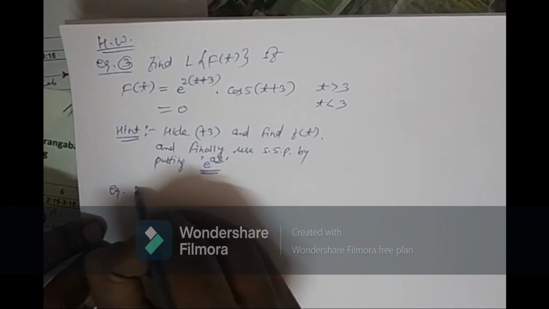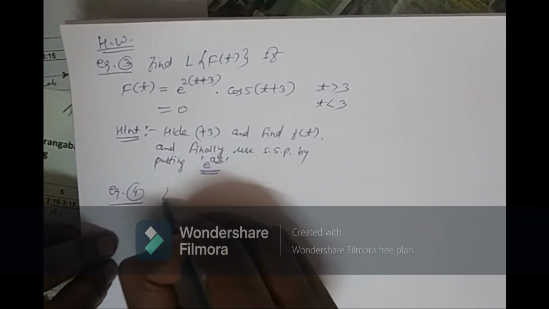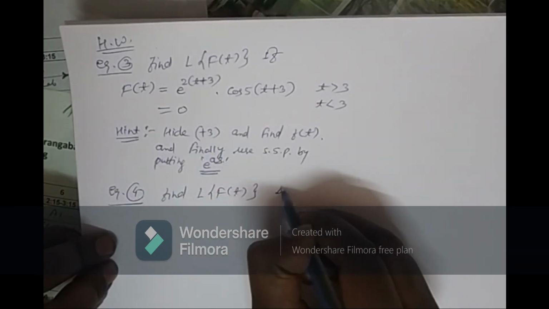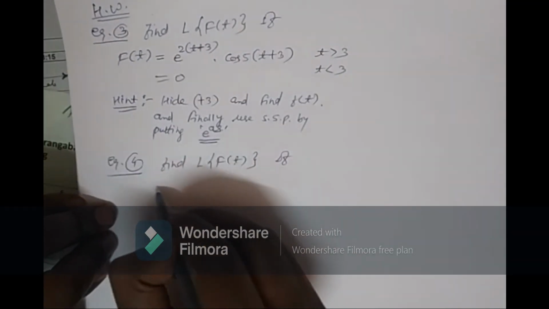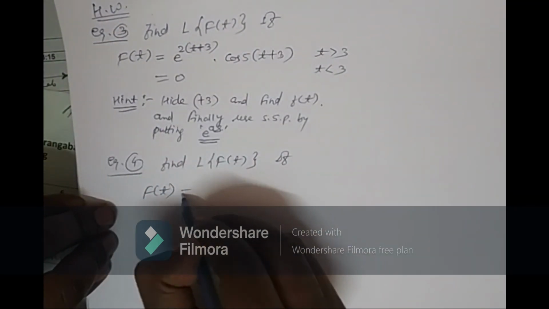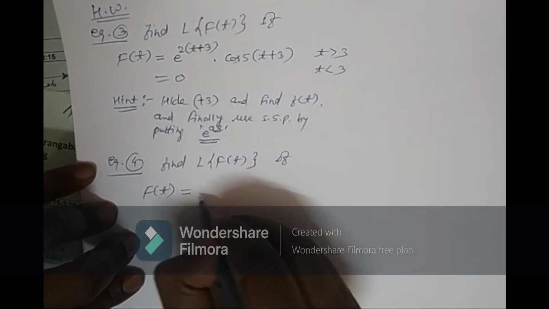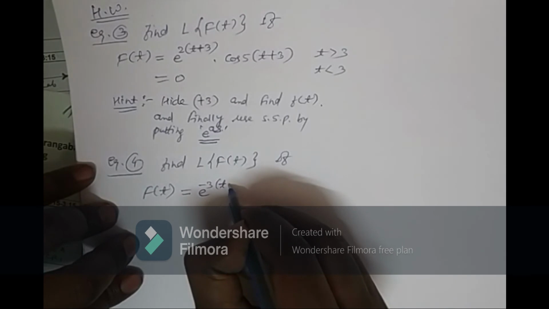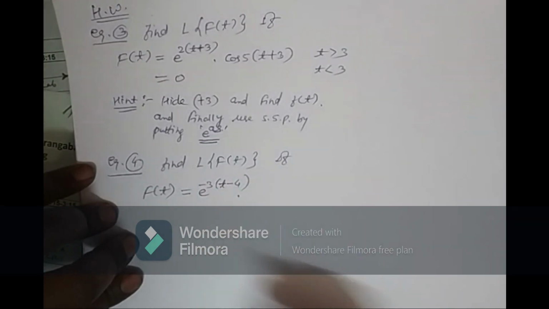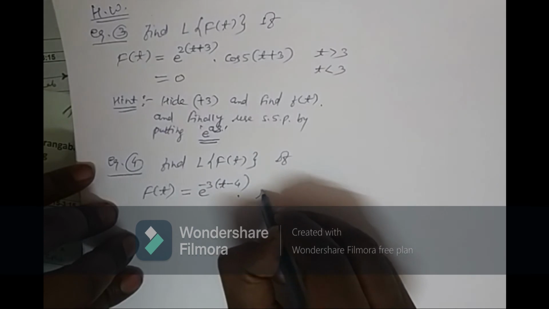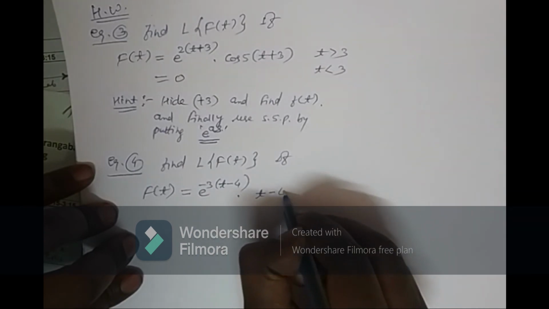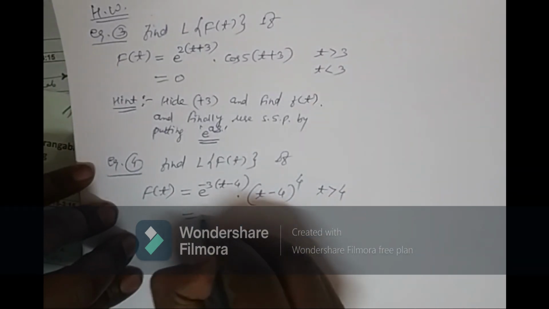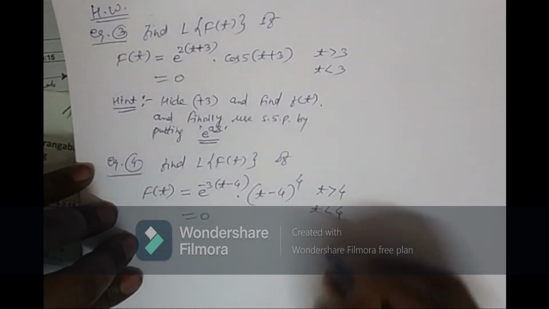So example number 4: find Laplace transform of f of t if f of t is equal to e raised to minus 3 in bracket t minus 4 into t minus 4 raised to 4 for t is greater than 4 and is equal to 0 for t is less than 4.